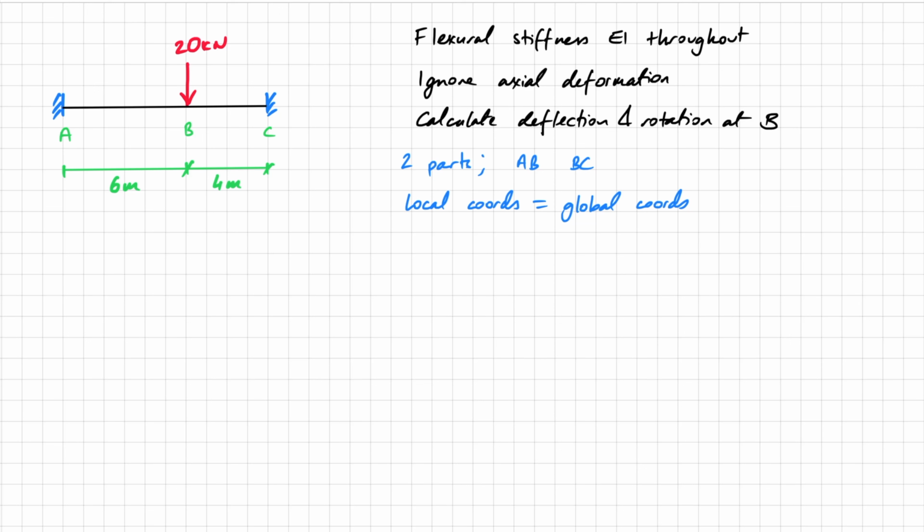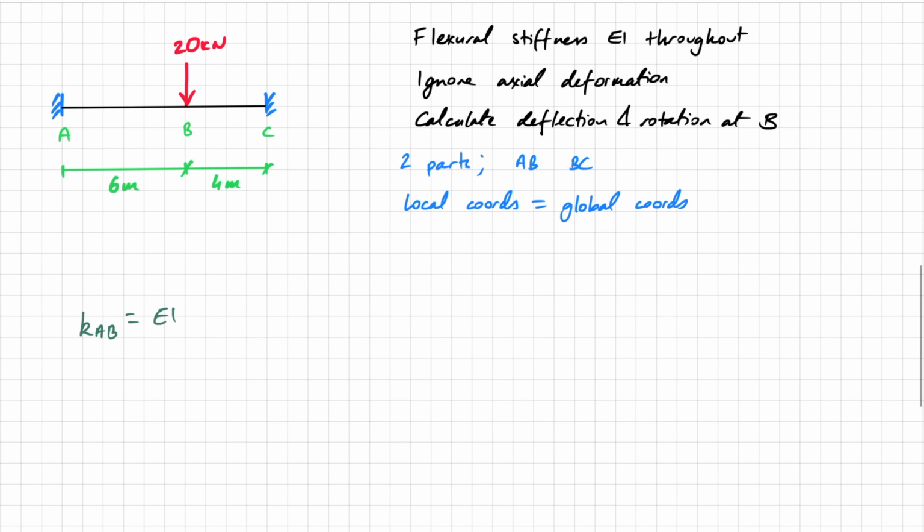So we start off by calculating the stiffness matrix for AB. And let's do that in dark green. As we said, we're going to use the 4x4, and that means that we have EI and then all the members.